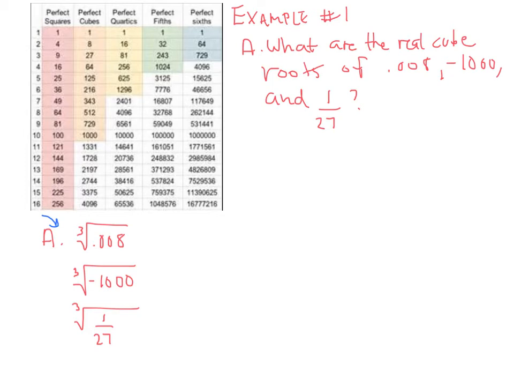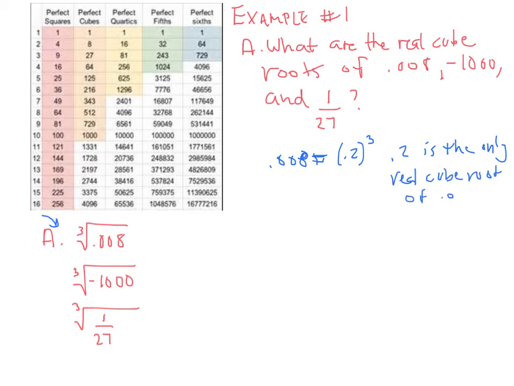So, for 0.008, 0.008 equals 0.2 cubed. Thus, 0.2 is the only real cube root of 0.008.